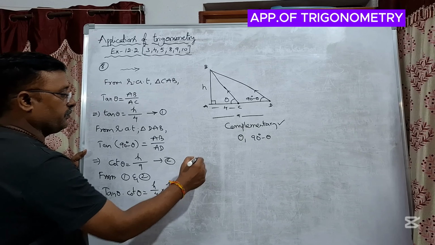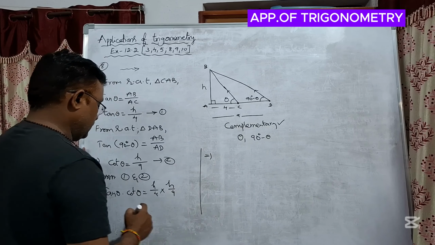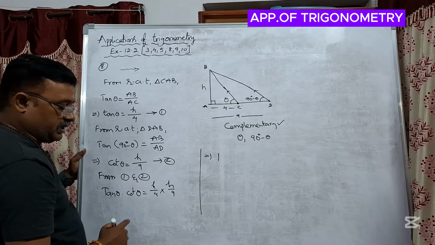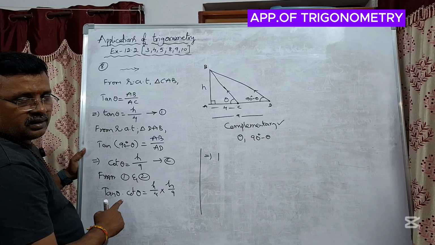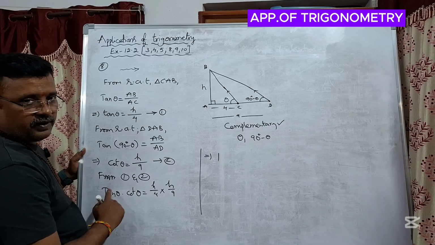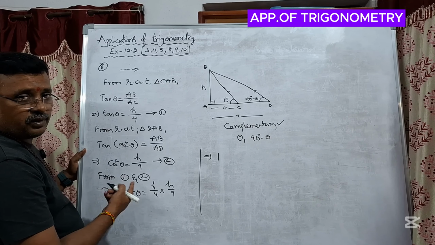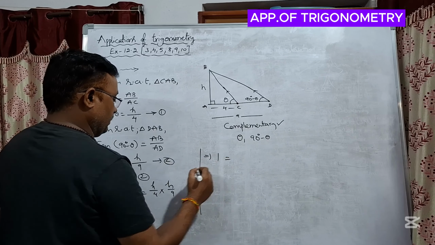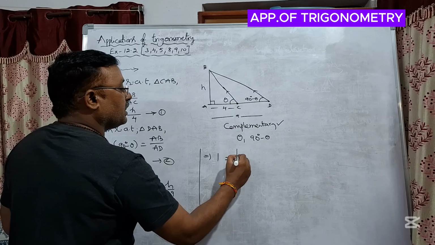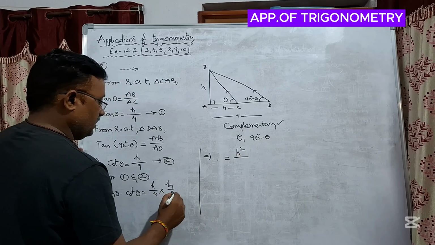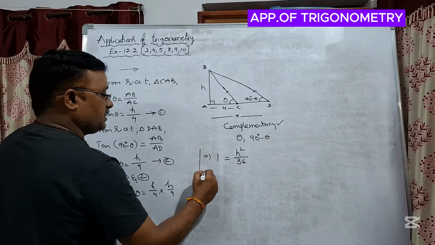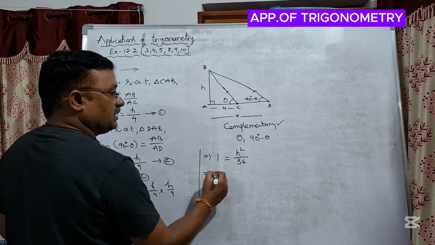Understood? Tan theta into cot theta is always 1, because both are reciprocal ratios to each other. That's why their product is 1. That is equal to h square by 36, 4 nines are 36. When it comes to this side, 36 into 1 is 36.